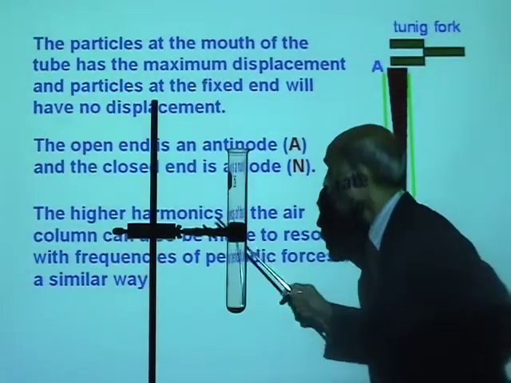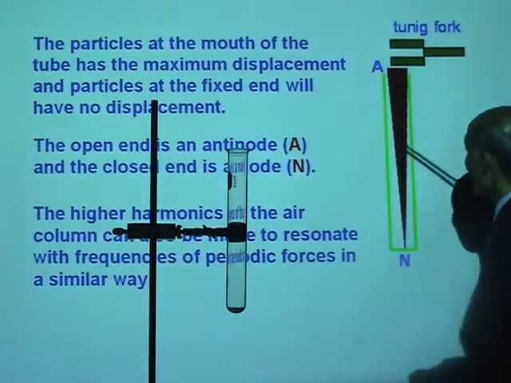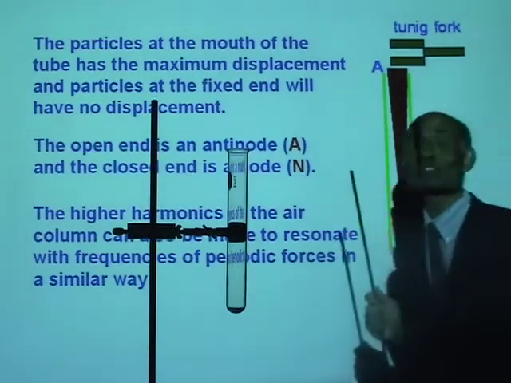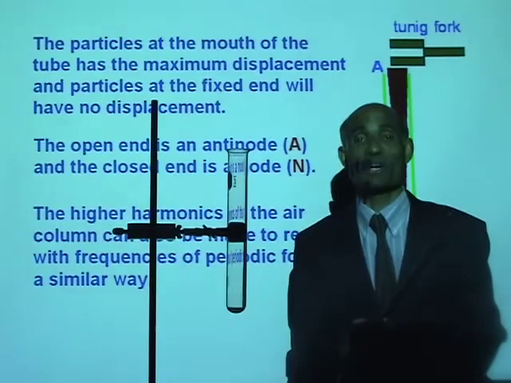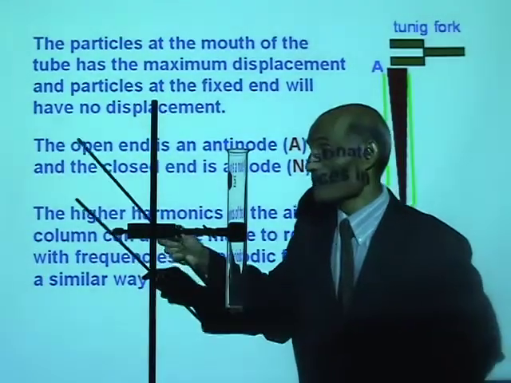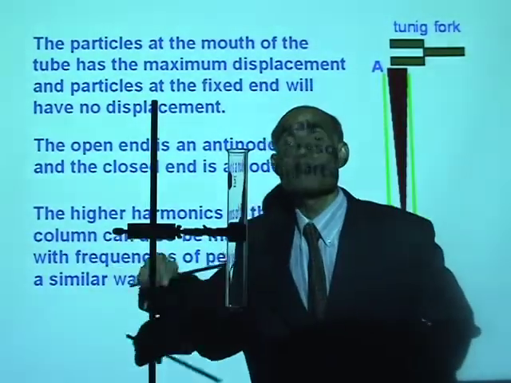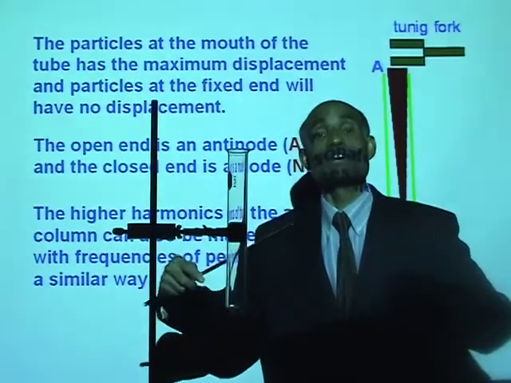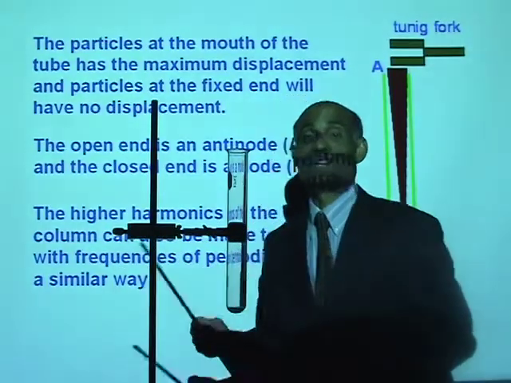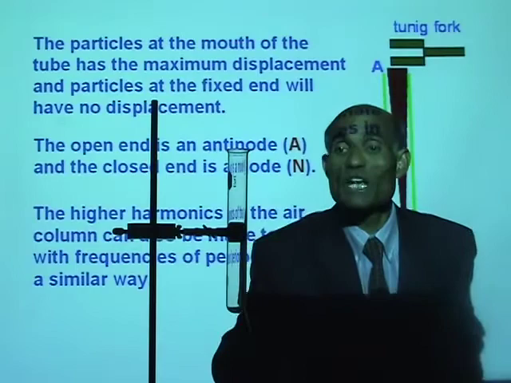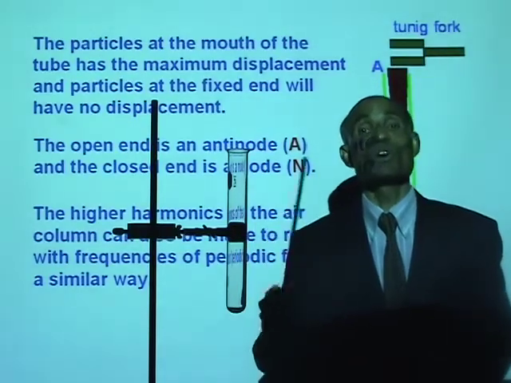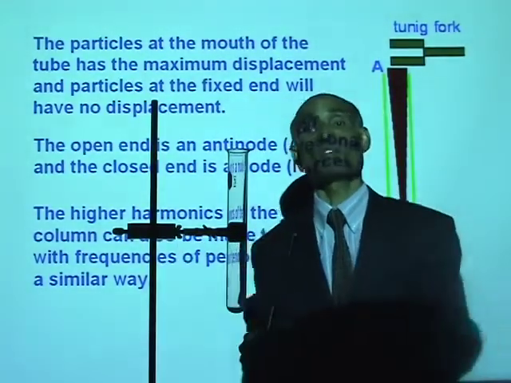The higher harmonics, now this is the fundamental mode of vibration of the air inside the closed tube. Just like the string will vibrate or resonate with higher frequencies, the air enclosed in the tube will also vibrate in higher harmonics.